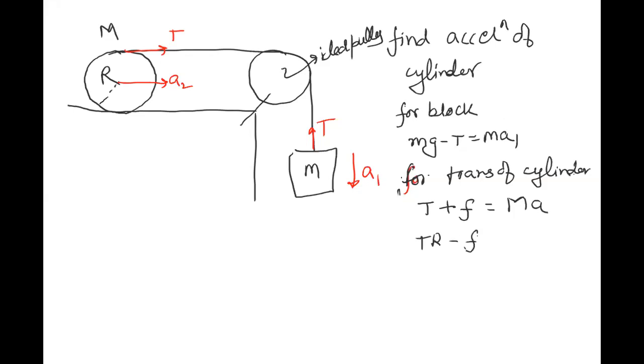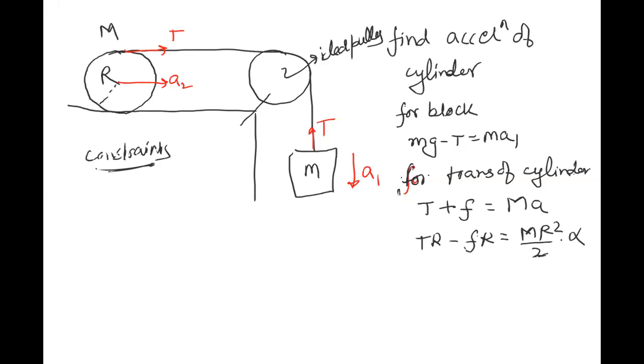Tr minus Fr is equal to mr square by 2 into alpha. Constraints.